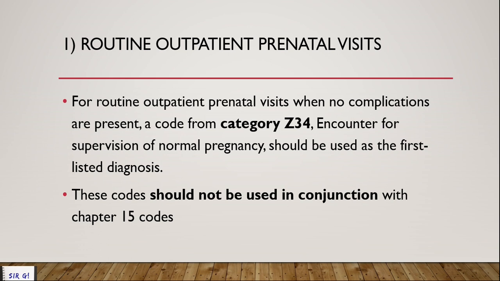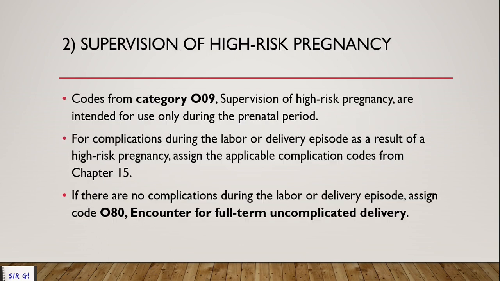Now, what if you exceeded the normal required visits during a specific trimester? If you exceeded the normal visits during a certain trimester, it means there's something wrong. That puts you into the next guideline, high risk pregnancy.